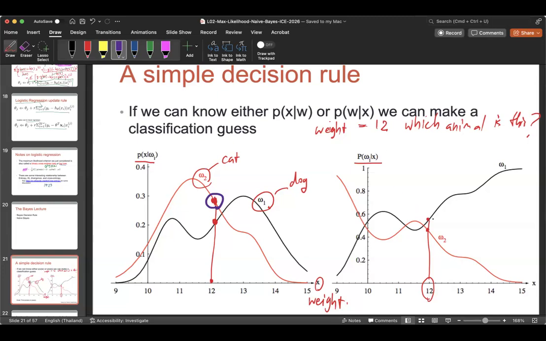Or I can say from this one it's a dog because the probability of the dog is higher. The question is, which graph should I use to make my decision? This one is the probability of class given X. The other one is the probability of X given class.